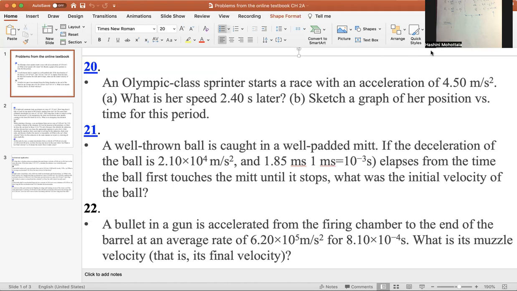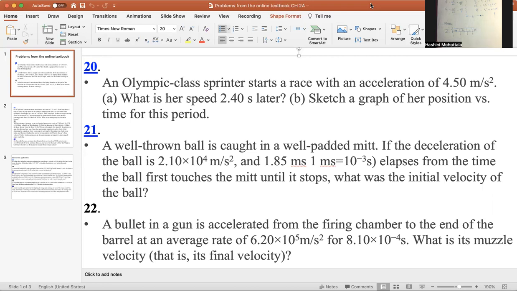So I am going to stop sharing this and write down what we have. Let me quickly draw the table, because otherwise I will forget these numbers when I stop sharing. So on the table, I mark V_i, V_f, a, t, and delta t.